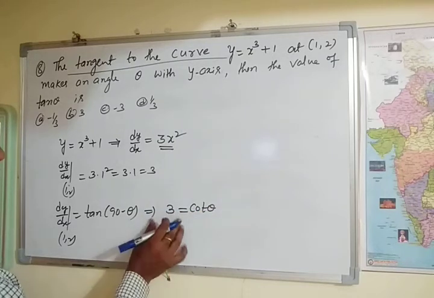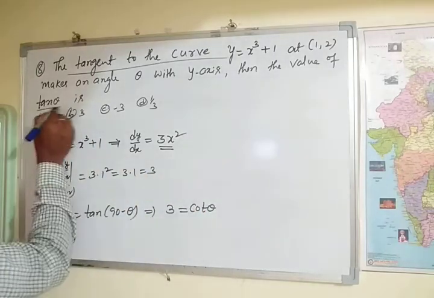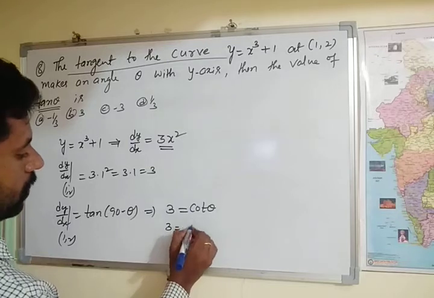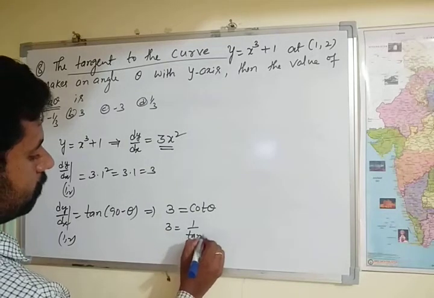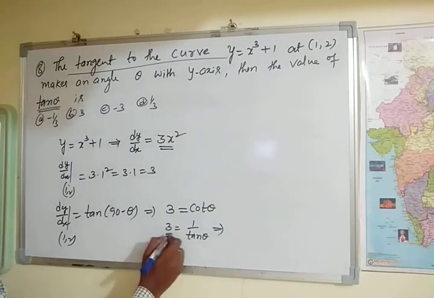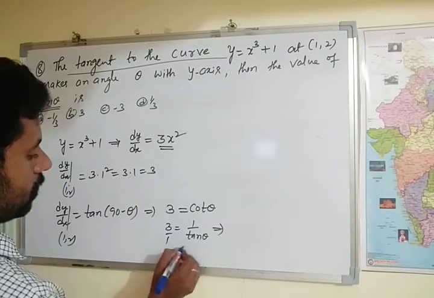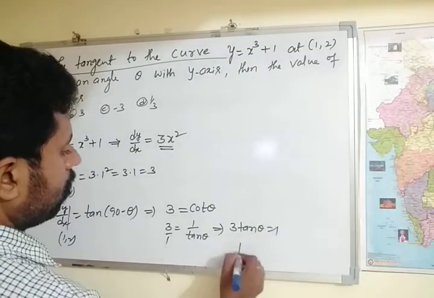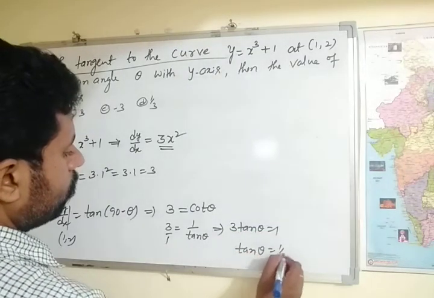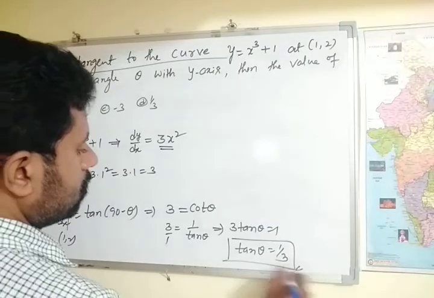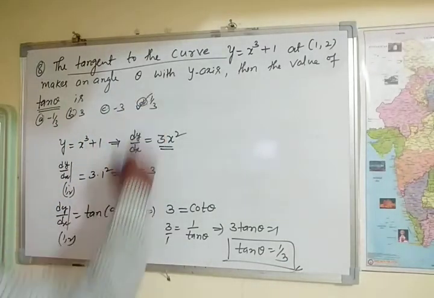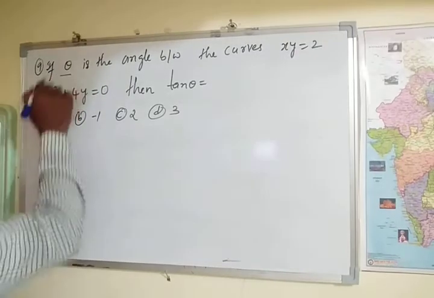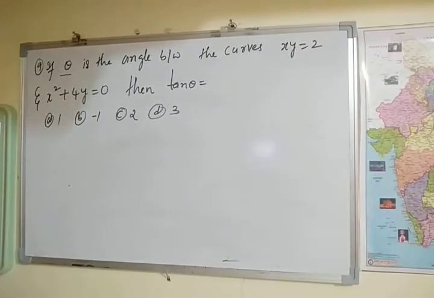But now here we have to find the value of tan theta. 3 is equals to cot theta can also be written as 1 by tan theta. This implies, cross multiplying, 3 into tan theta is equals to 1, or tan theta is equals to 1 by 3. Option D is correct.